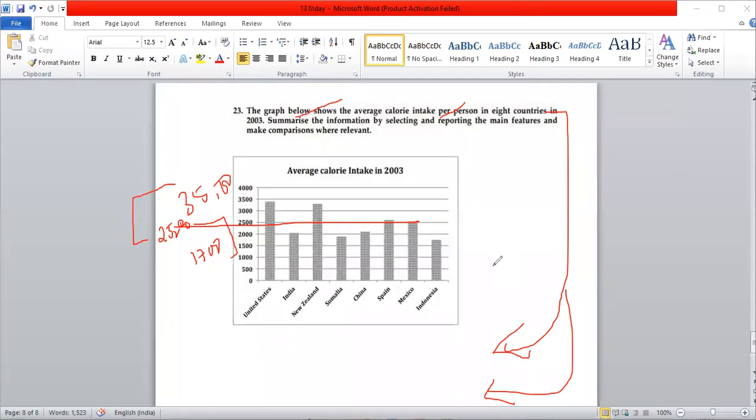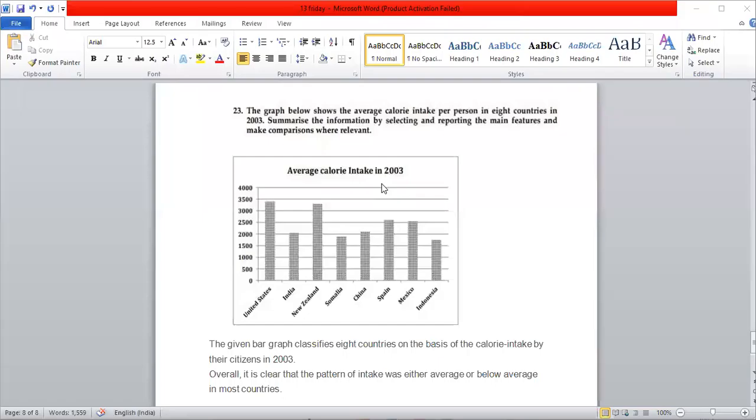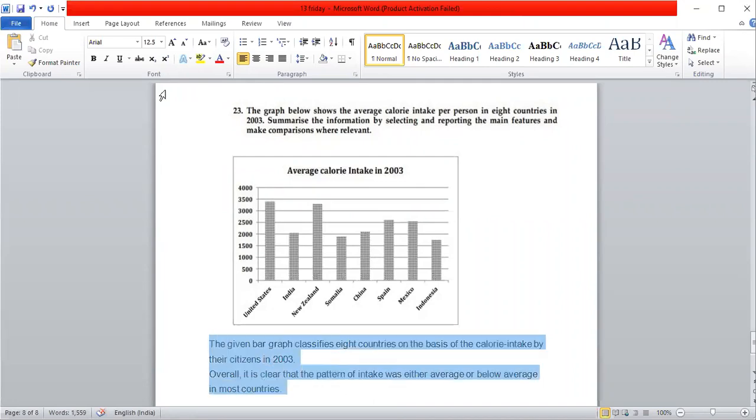First, let's see the introduction. So we have framed the introduction and the overview for this particular bar chart.